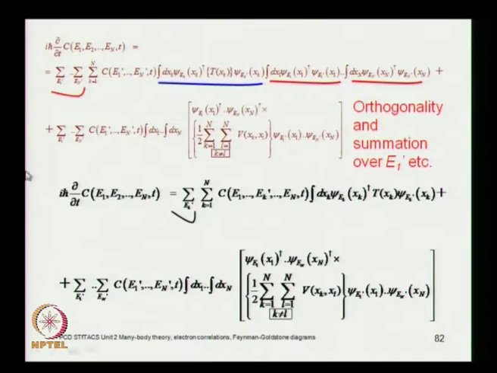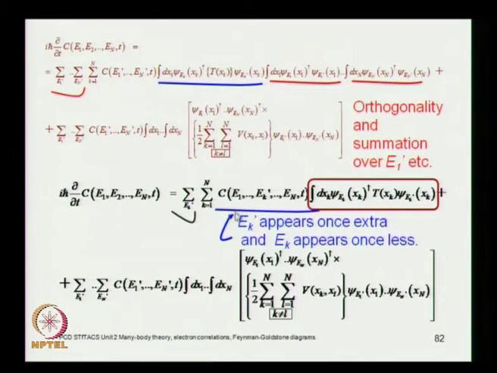So, you are left with a single summation over Ek prime in the kinetic energy term, and what happens in this term is that you have got this integral over xk which has to be carried out, and this is the one which connects Ek prime and Ek, and in the corresponding coefficient Ek prime will appear once extra and Ek will appear once less.